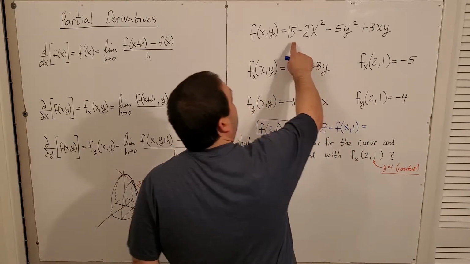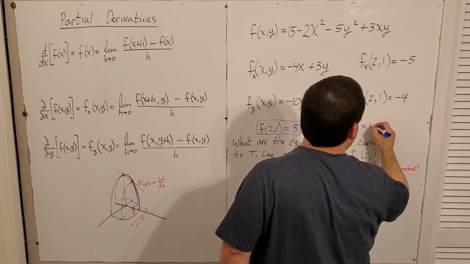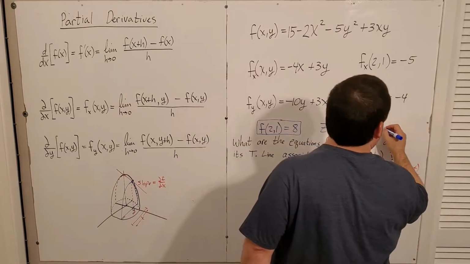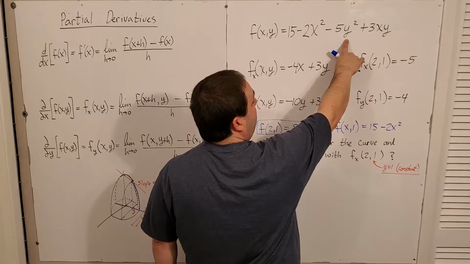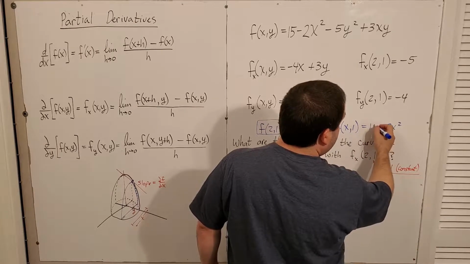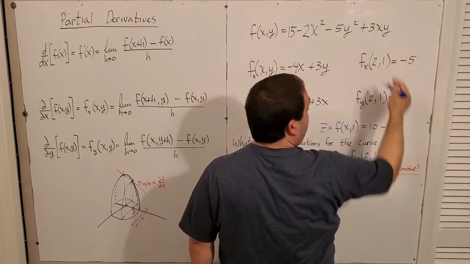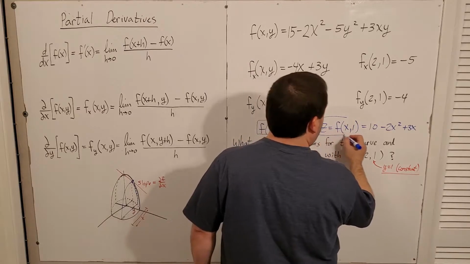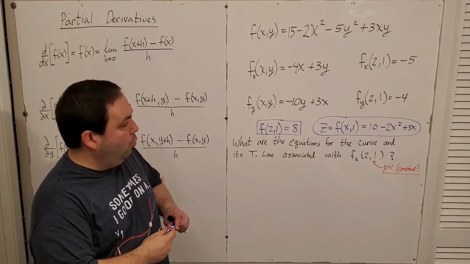Right here, I've got 15 is still 15, and then minus 2x squared, minus 5 times 1. So that's minus 5. 15 minus 5, that's 10. And then plus 3 times x times 1, so plus 3x.